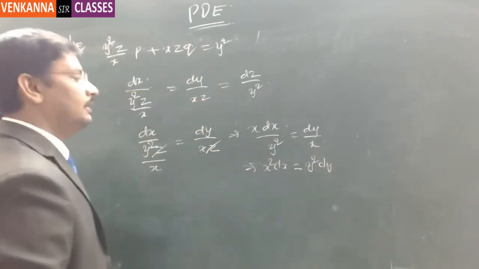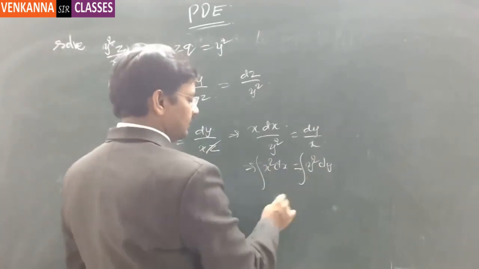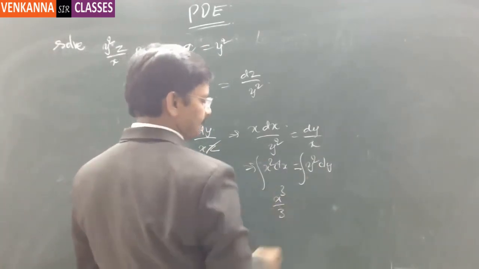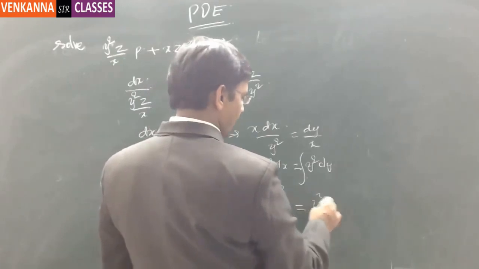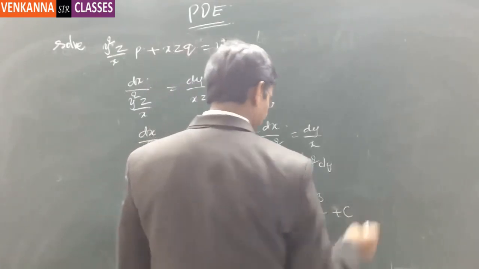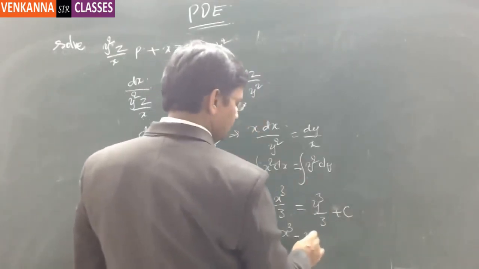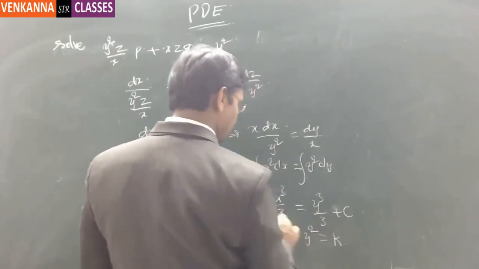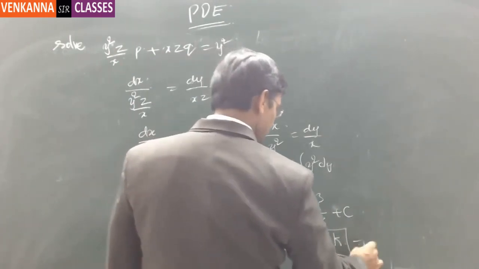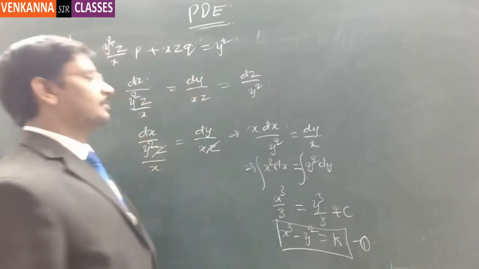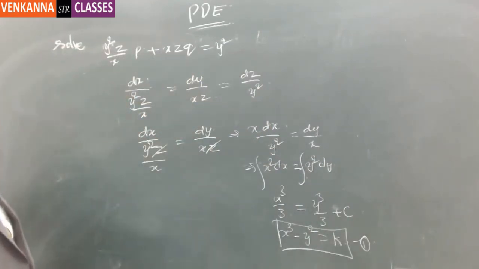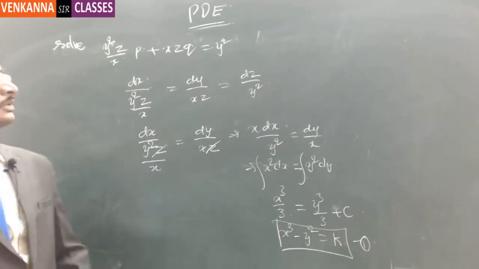Now if you take integration on either side, then x cube by 3 equals y cube by 3 plus c, or x cube minus y cube is equal to some random constant k. So this is equation number 1. Got it?